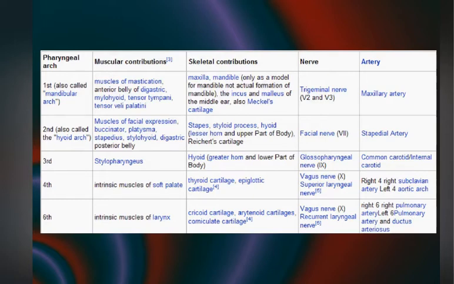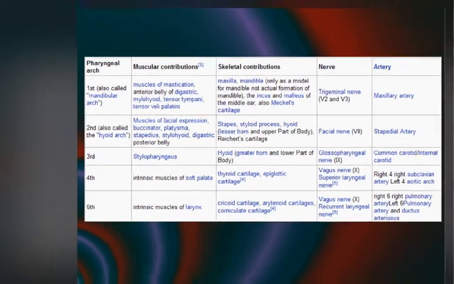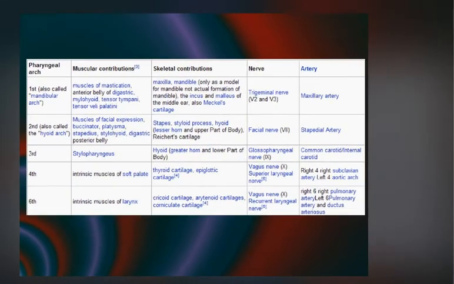Skeletal contributions of the first pharyngeal arch: maxilla, mandible. Maxilla is the upper jaw, but we will explain it more later, that not all the upper jaw is derived from the first arch.